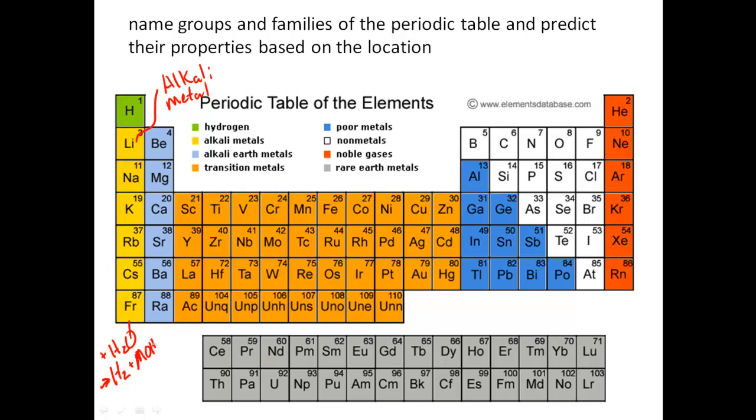So you want to be sure you understand some of the properties of these families. The alkaline earth metals.